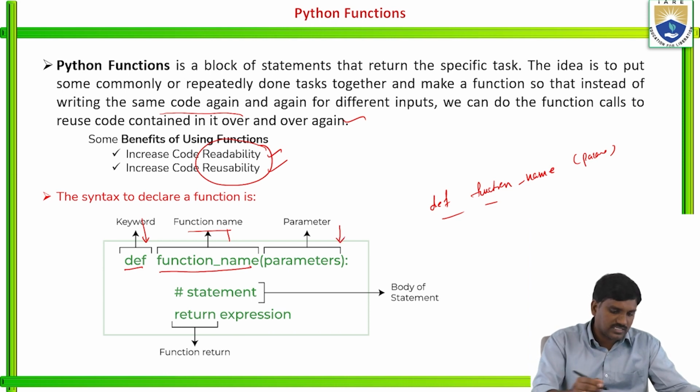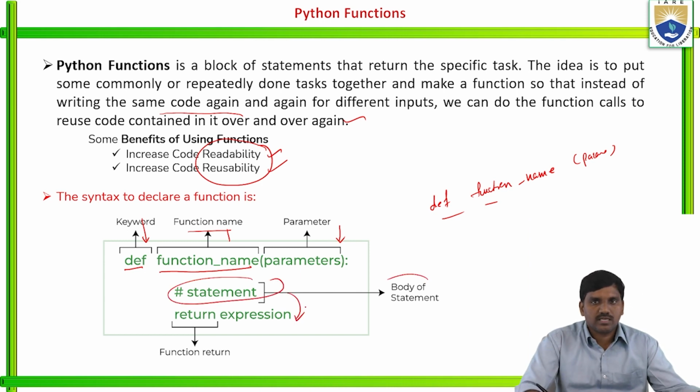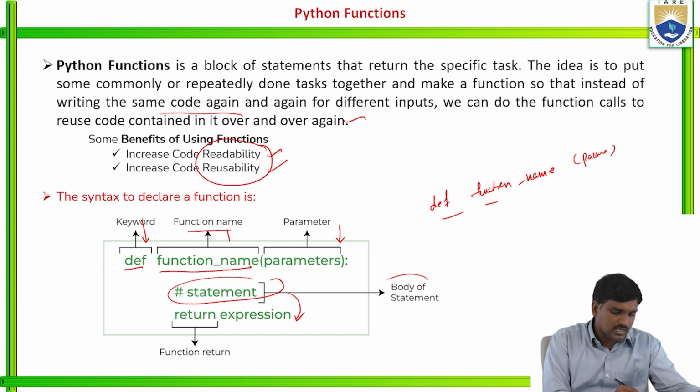Next come the statements, which are the body of the function, then the return expression or end of the function. You start with def, function name, and the parameters you are going to declare, then the body of the statements, and the return expression or end of the function. So this is the basic syntax of a function.